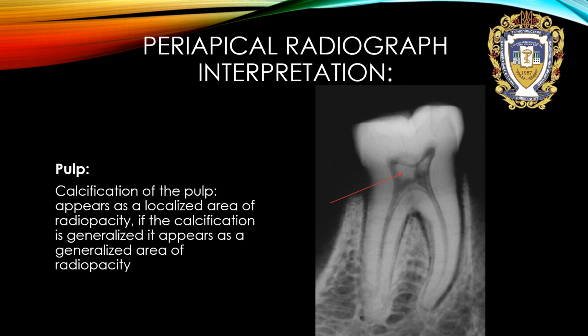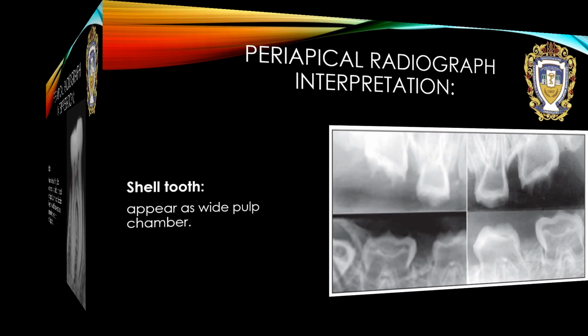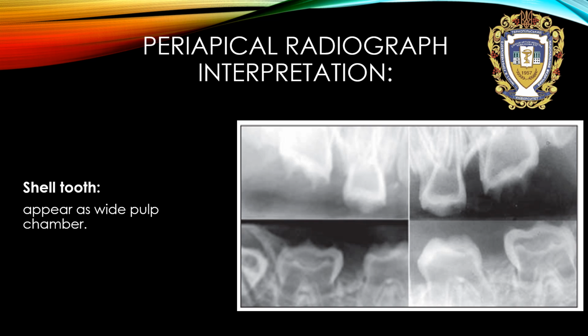If the calcification is generalized, it appears as a generalized area of radiopacity. Not so widespread situation like shell tooth appears as a white pulp chamber, like a wide pulp chamber.